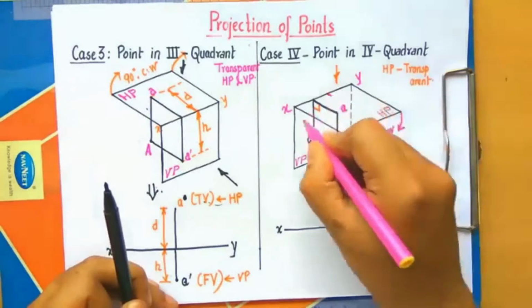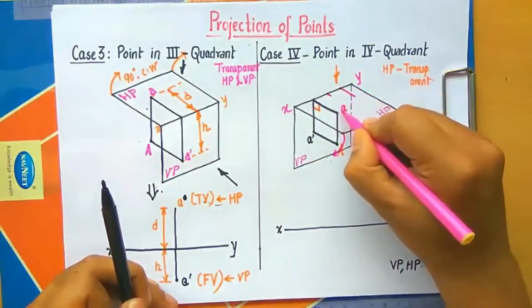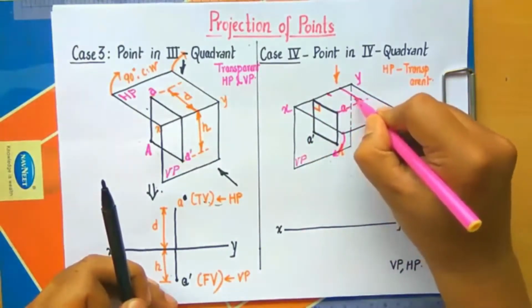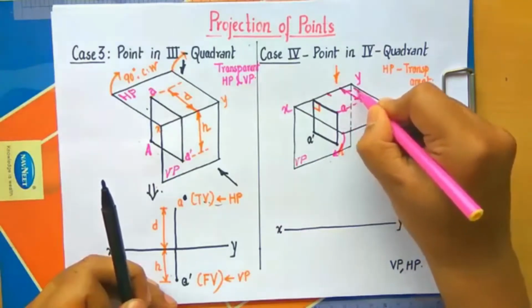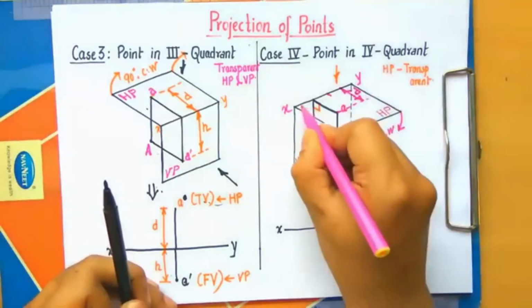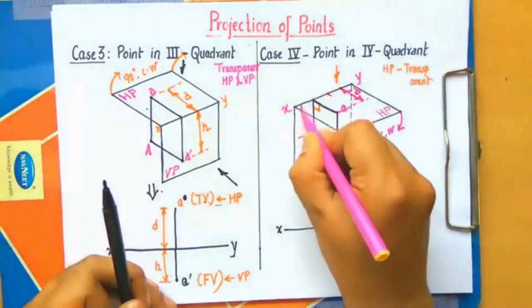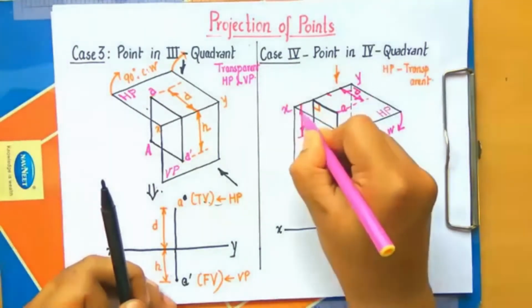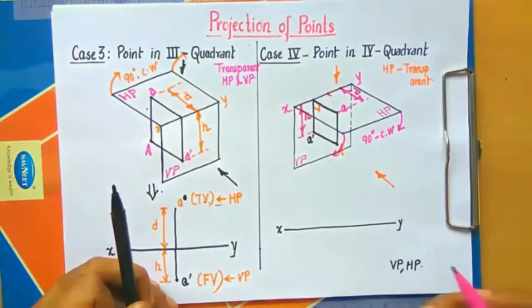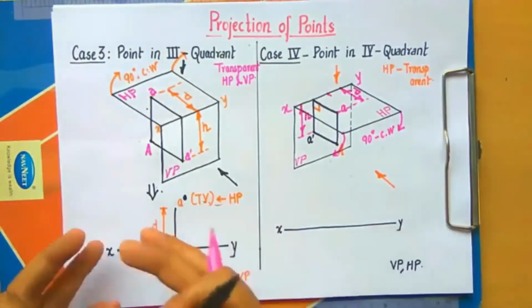Always remember, guys, you need to put a dash. Okay, so this distance is in front of the VP, so this is represented by D. This distance over here is below the HP, and has to be represented by H. We all have used this notation before in the three cases.